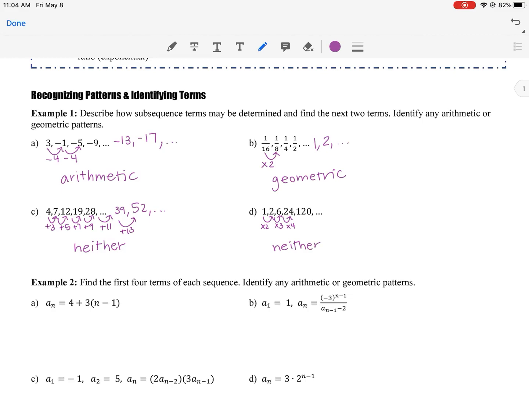While there is a pattern, this is neither arithmetic or geometric, right? We times by 5. So if you wanted the next one, we would do 120 times 6 is 720. And then we'd multiply by 7 for the next one after that. And we'd get 5,040.